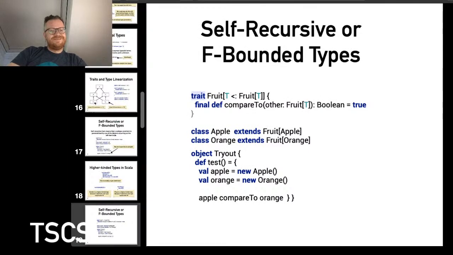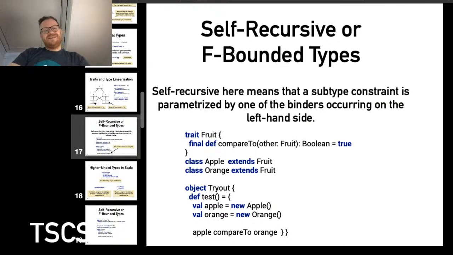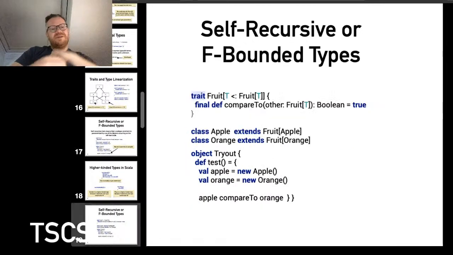This is weird. So as you can see, this trait did not have any type parameter here. However, we can limit it and explicitly make it like this, and this fruit needs to be of type T, which is a subtype of Fruit of T. And by this we have self-recursive types.